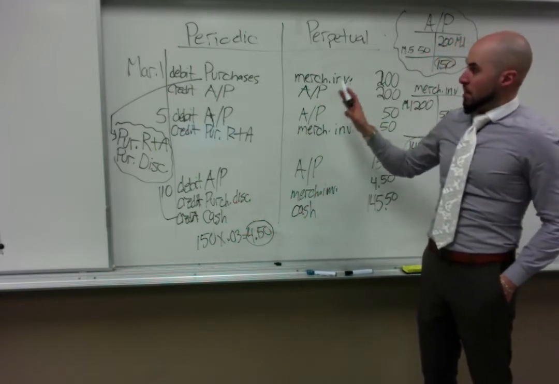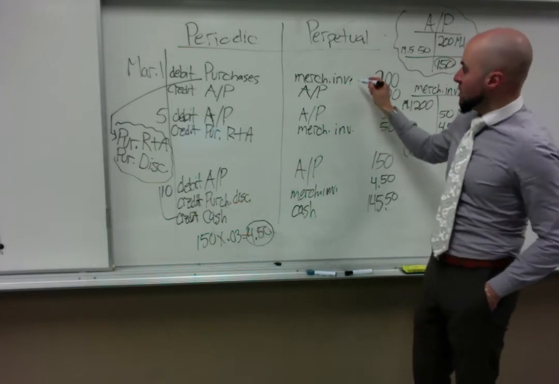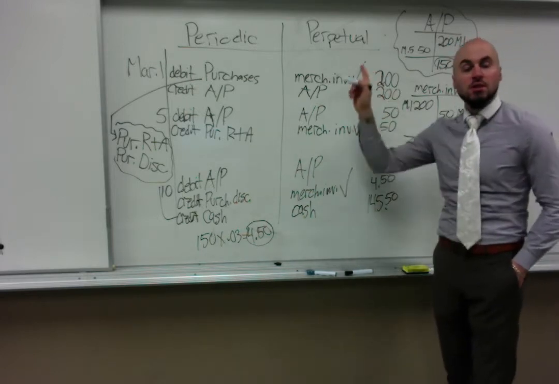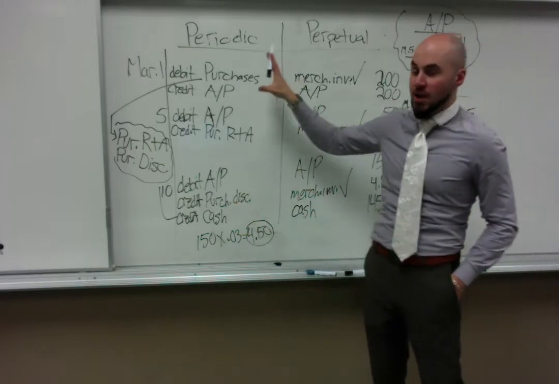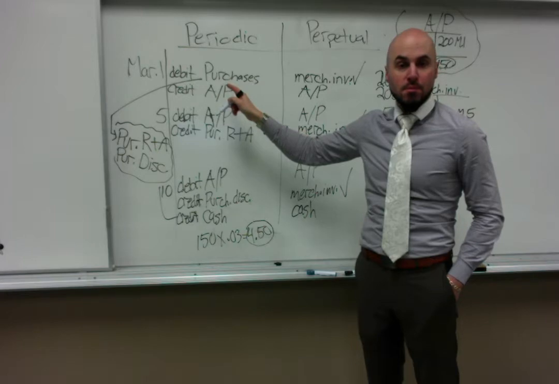Okay, so now you can see the distinction. The clear distinction is that you're using this merchandise inventory account in your entries in the perpetual system, and you're not using it in the periodic system. Okay?